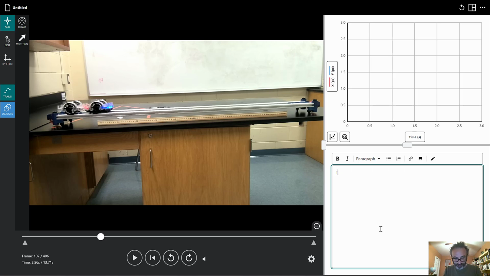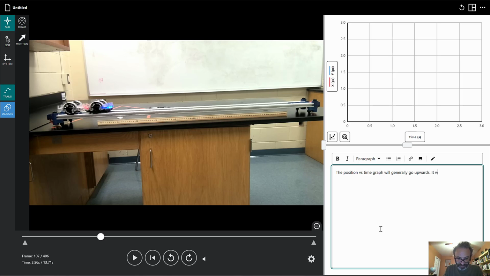So I know that the position versus time graph will generally go upwards, since he's moving to the right.